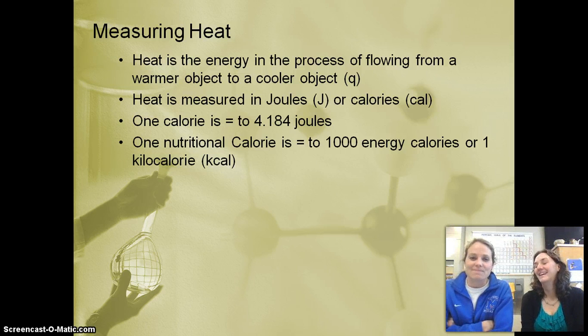Because I can read today. So your nutritional calorie is different than an energy calorie, only because 1 is equal to 1,000 of the little guys. Make sure you're just paying attention to how the calorie is written, lowercase or uppercase, and it'll make a big difference in what you need to do.